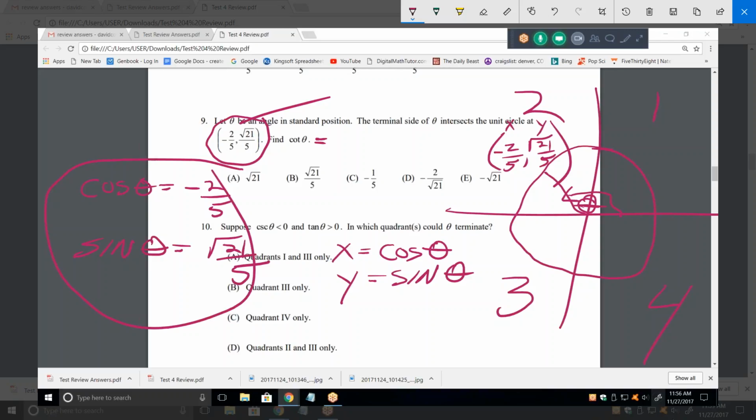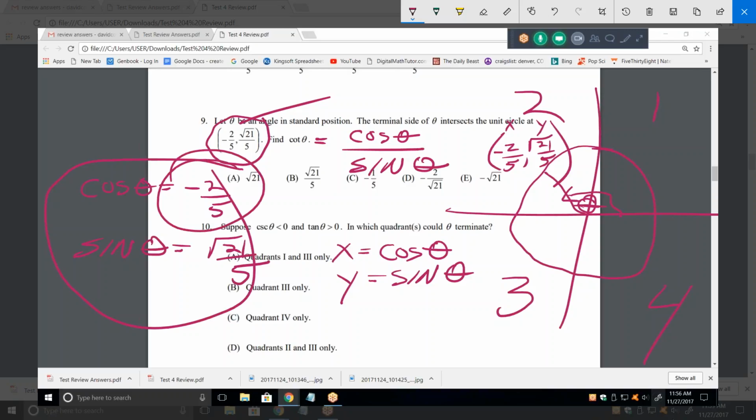Hold on, give it to me in general terminology, because I haven't gotten to the math part yet. I want to make sure you know what it is. What is cotangent equal to? It's cosine over sine. That's the identity you have to memorize. You cannot get through trig without knowing these identities.